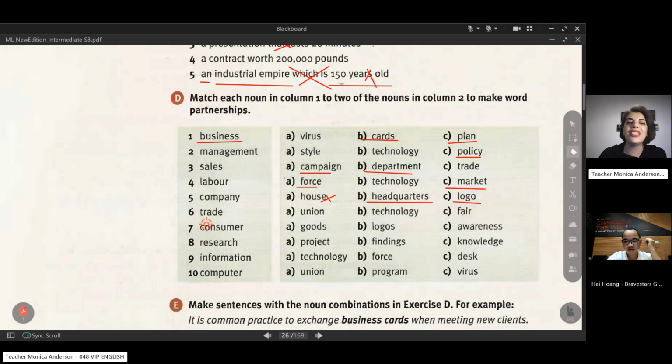Okay, number 6, trade. Trade union, the first one, okay.